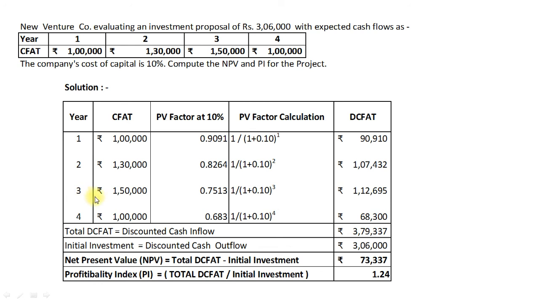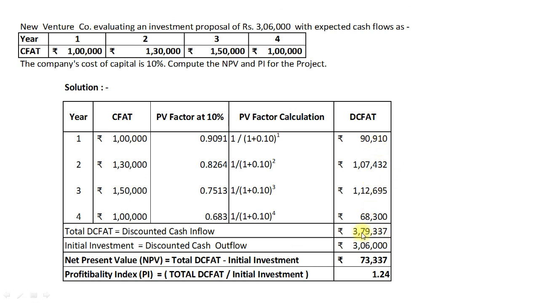And third year 1,50,000 multiplied by 0.7513, it will be rupees 1,12,695. And last year, fourth year, rupees 1 lakh multiplied by 0.683, that is 68,300. So here we have converted our cash flow after tax into discounted cash flow after tax.